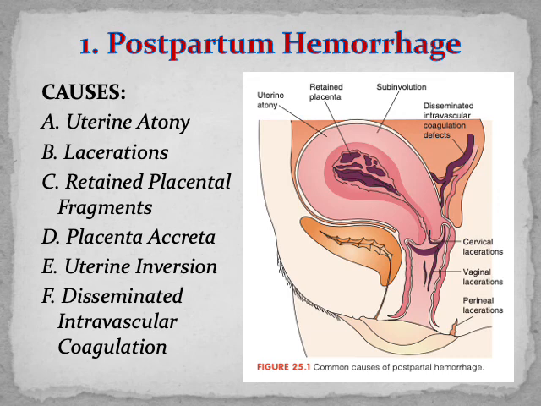So, si late postpartum hemorrhage, usual cause niya, retained placental fragments. The others, placenta accreta, uterine inversion, and DIC or disseminated intravascular coagulation. Now, we discuss each of these causes one by one.